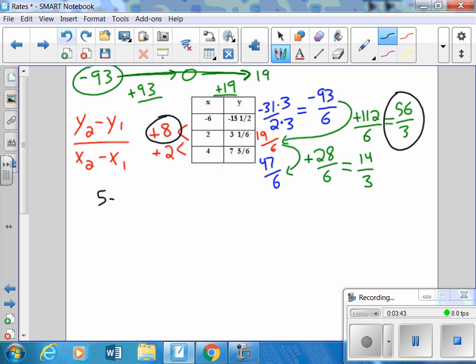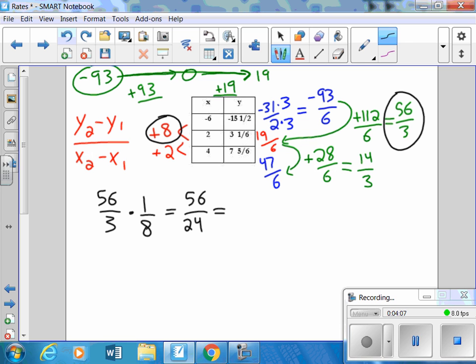So 56 over 3 divided by 8. Instead of dividing by 8, I'd rather multiply by the reciprocal, 1/8. Anytime we have a fraction and we're dividing, let's multiply by the reciprocal instead. So now 56 times 1 is 56. 3 times 8 is 24.